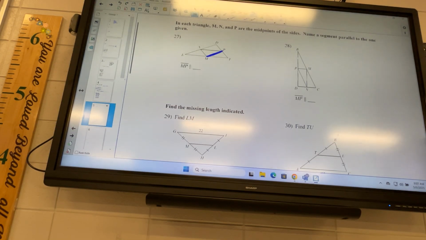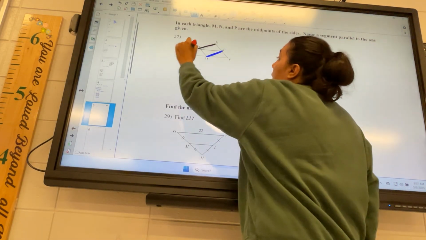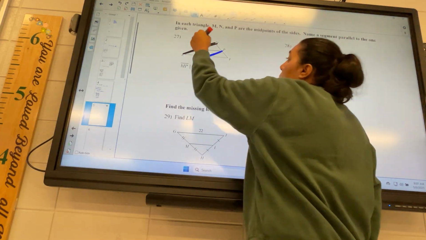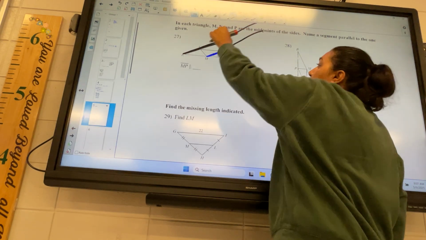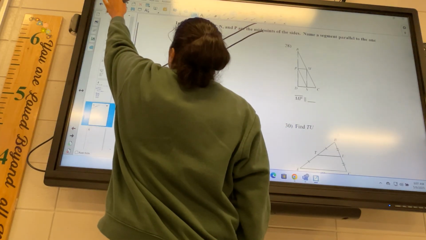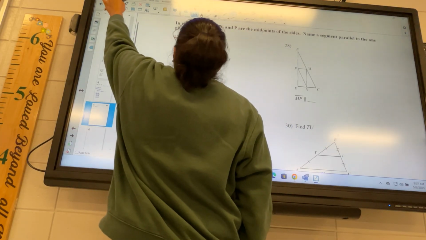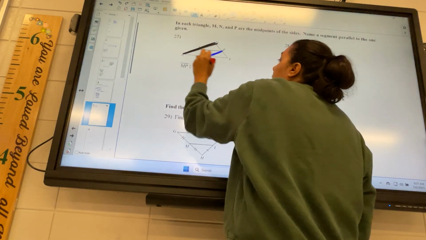But remember, it has to be going in the same direction. ED or DE is the only option. That's the only one. So it's going to be this one. See how they're both going in this direction? If I continue them both, we're going to get this. That's how we know it's parallel. It has to be half of the length or double the length. So it's going to be ED or you could say DE.